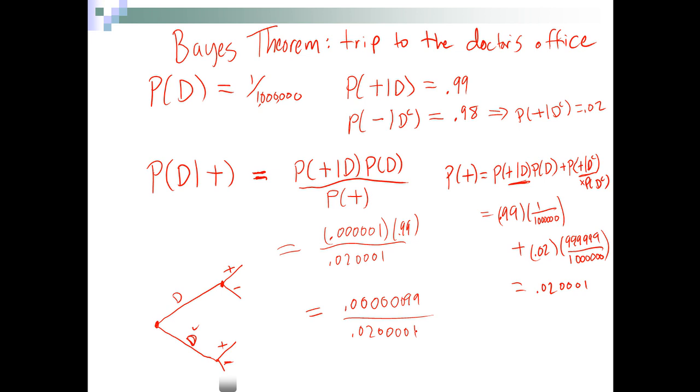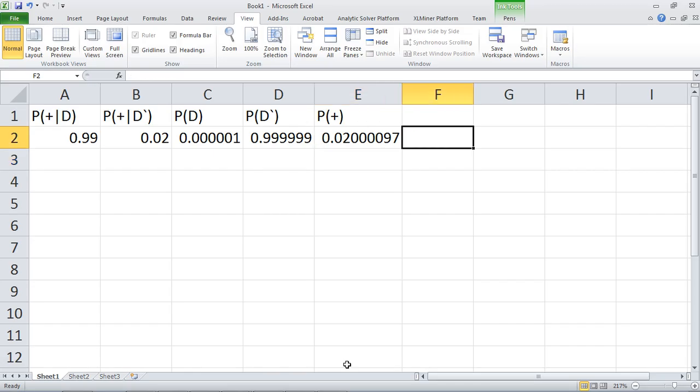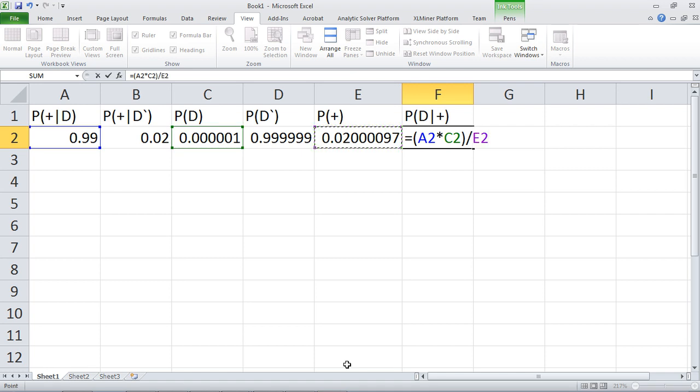So what's the probability of the disease given a positive test result, if the prior probability is really 1 in a million? Well, let's come back over here and figure that out. So here we've got probability of disease given a positive test result, and that's going to be equal to this number times this number divided by this number.